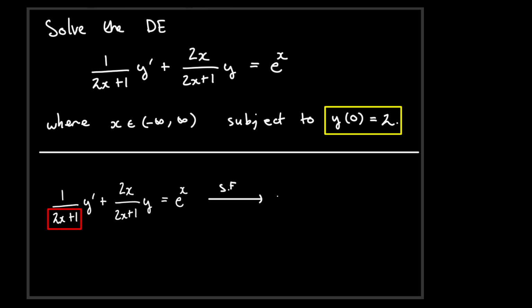It also cancels out nicely in the second term to give us just 2x. So multiplying through the entire DE by 2x plus 1, we'll get y prime plus 2x times y is equal to 2x plus 1 times e to the x.